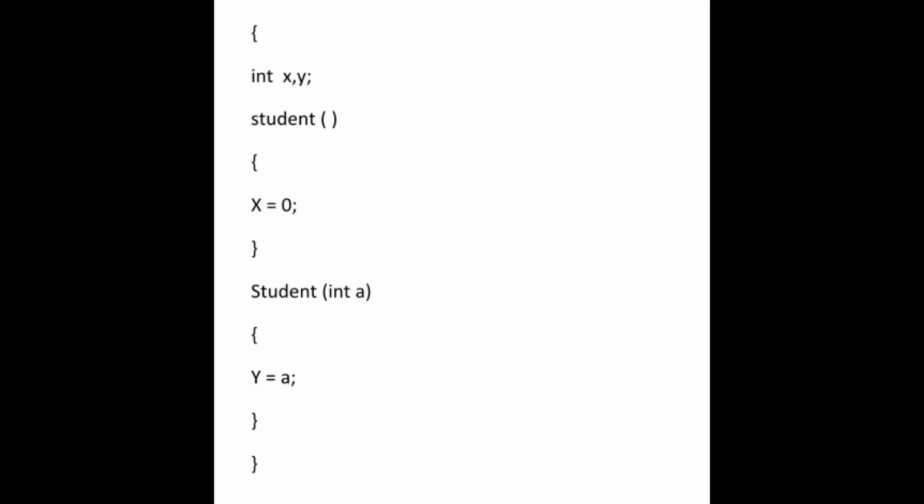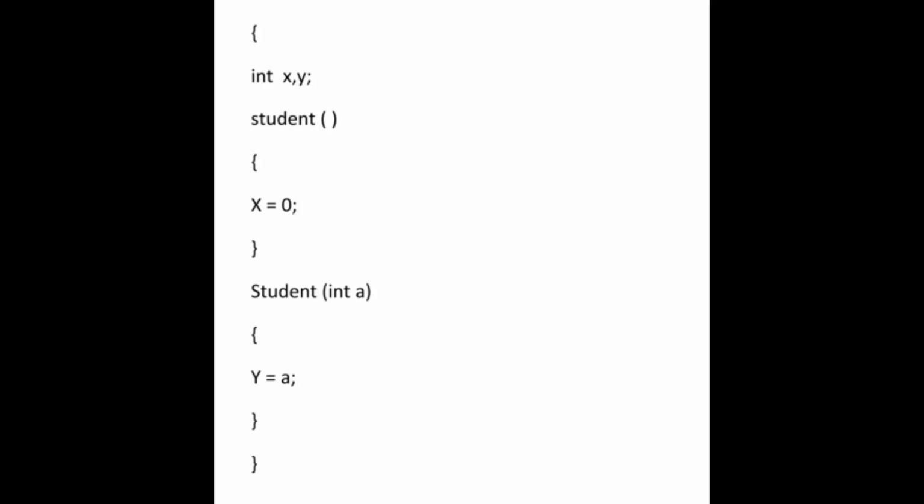So the first kind of constructor we see in this program segment is a default constructor. How can we say this is a default constructor? There are no parameters inside the brackets given along with the constructor name. Student with open and close brackets and no parameters inside. So this is a default constructor.